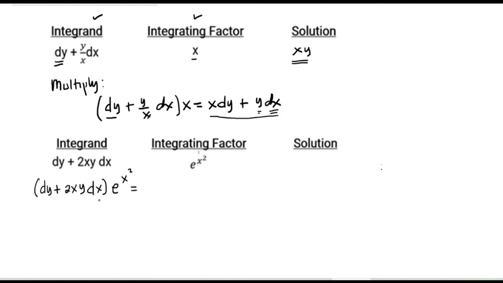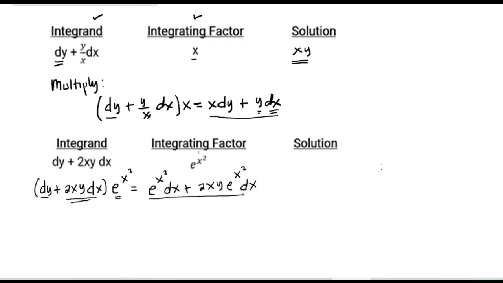The product is multiply this dy and this e raised to x squared. So we have here e raised to x squared dy. And then for this second term, we have 2xy, then e raised to x squared dx.